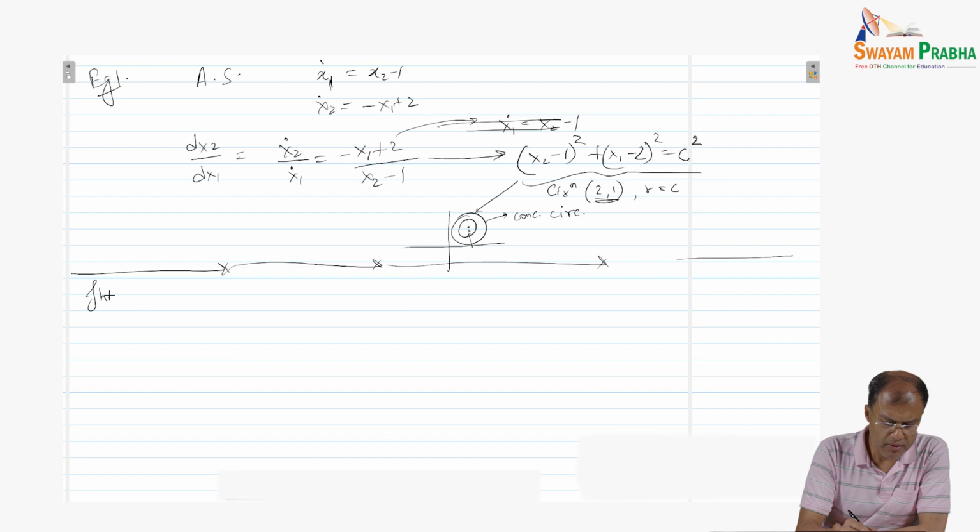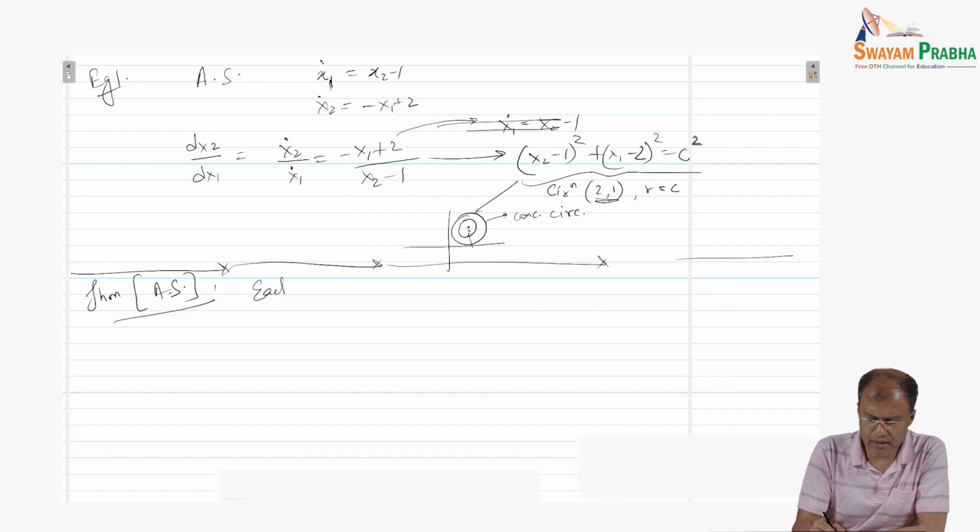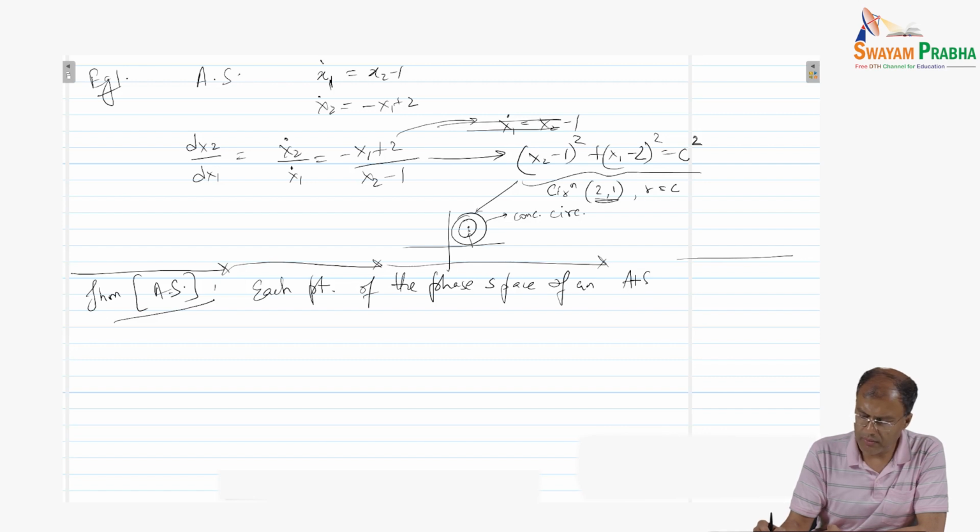This is only valid for autonomous systems, and it says that each point of the phase space of an autonomous system has exactly one phase path passing through it.